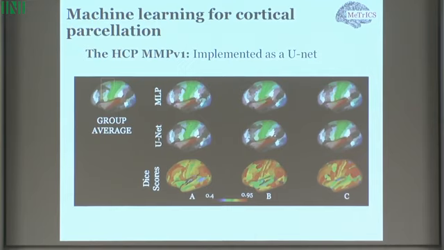And also, without taking into account spatial context, you can't give any guarantee of spatial contiguity, and there is 3% of examples in the data set where they're unable to detect the region at all in the individual. So here we retrained it as a UNet. It's trained on the output of the MLP, and you can see with these Dice scores that there's good agreement. It's very difficult, though, to know which is better because there is no underlying ground truth.